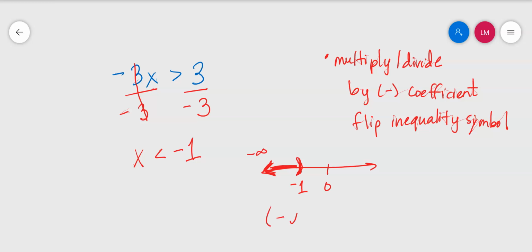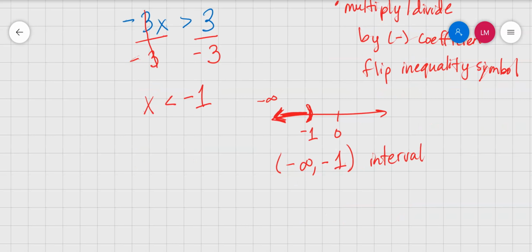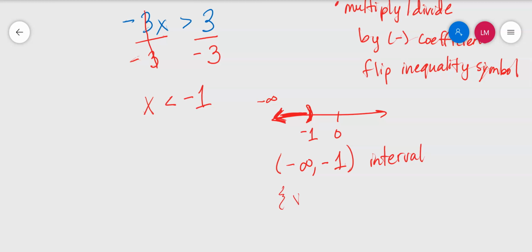And here's our interval notation. Okay. And then notice we just did one thing. What did we do? That's one step. We just divided by negative 3. And if we do set builder, x such that x is less than negative 1, this would be the set builder. Okay, so pretty straightforward. Now let's try another one.